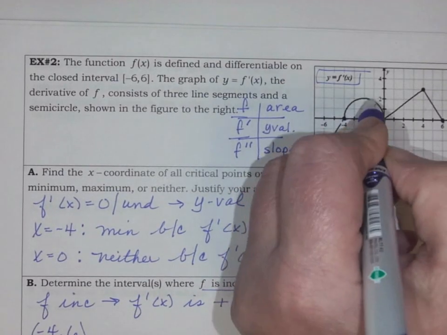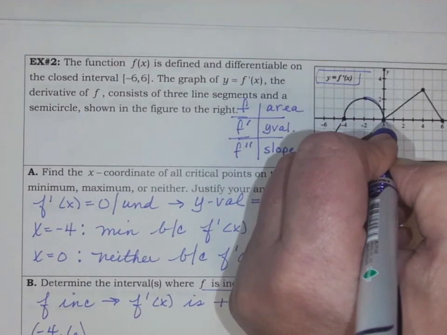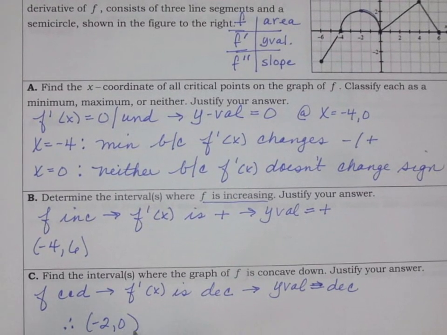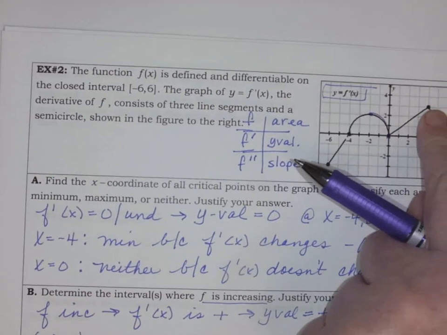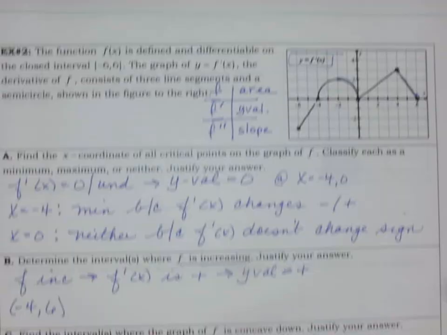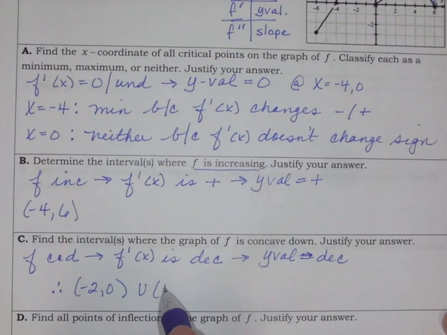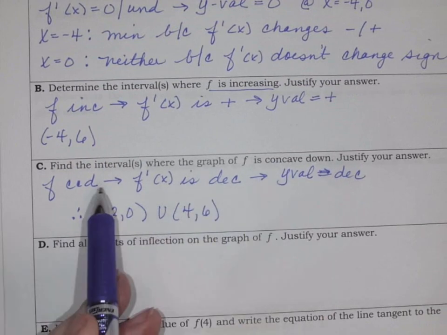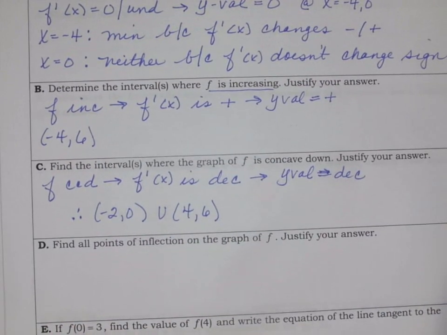So it looks like that happens from here to here. So therefore, from -2 to 0, then we come back increasing, and then we decrease again from 4 to 6. So union 4 to 6. And we've already written our justification when we identified what we were supposed to be looking for.